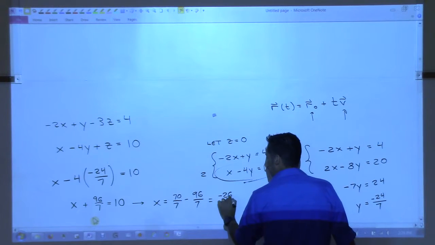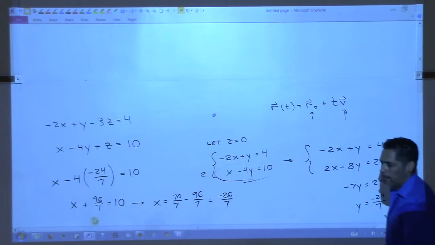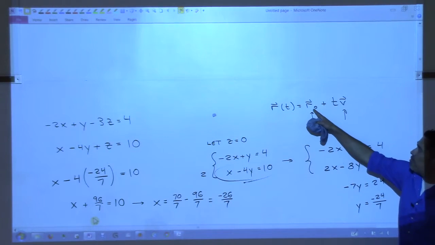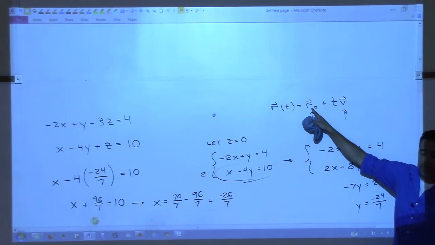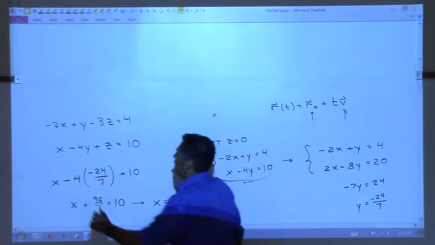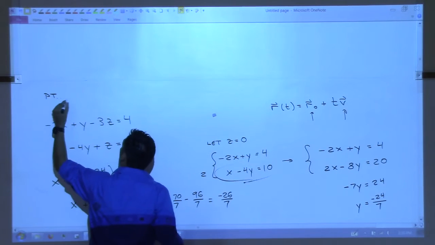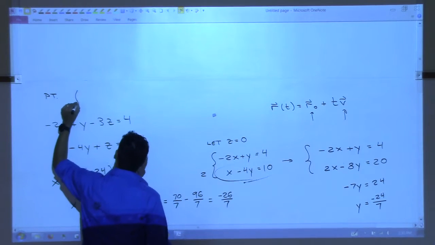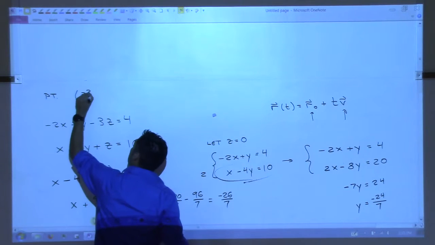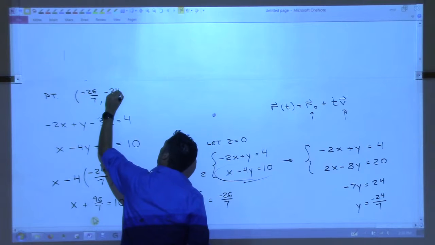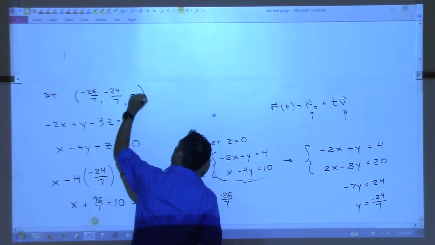Negative 26 over 7. All right, so there, we have a point, and that's going to allow me to get my r naught. So let me put that down here. One point that lives on the line of intersection is the point negative 26 over 7, negative 24 over 7, and 0.